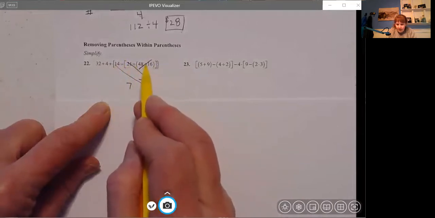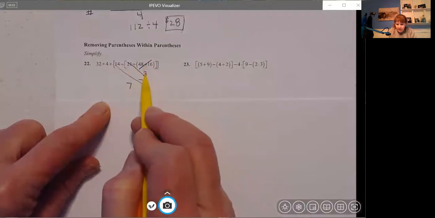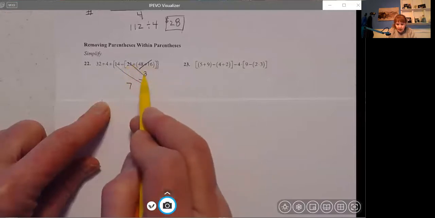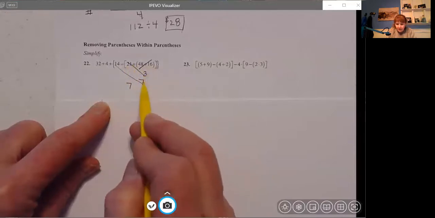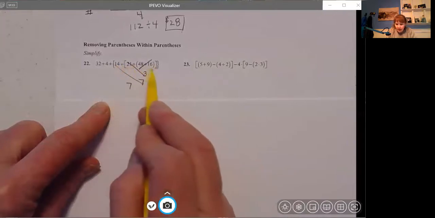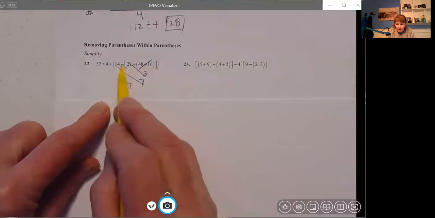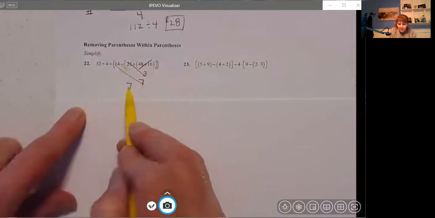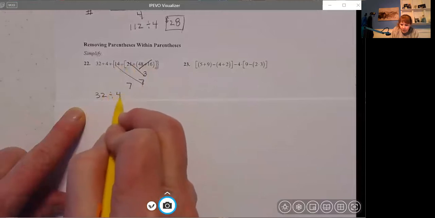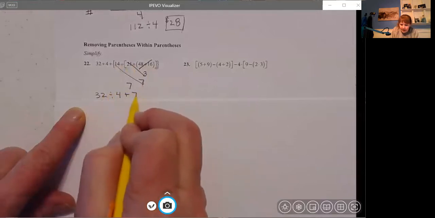So we have taken care of all of these braces, brackets, parentheses, by working from the inside out. We started on the inside and got 3. Then we did the square brackets, 21 divided by what we got here, which was 3. That left us with 7. And then we took 14 minus 7, which was 7. So you have 32 divided by 4 plus 7.